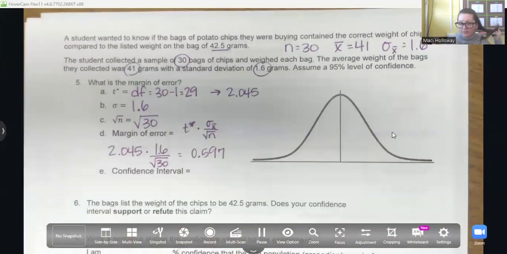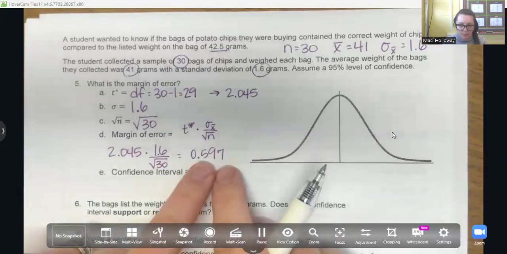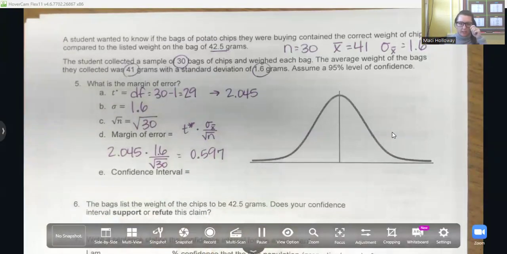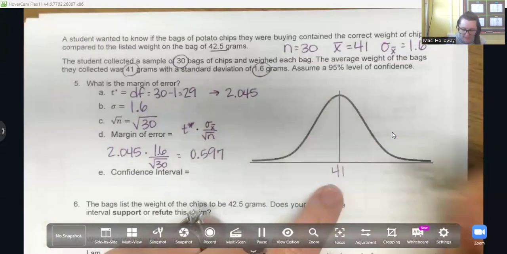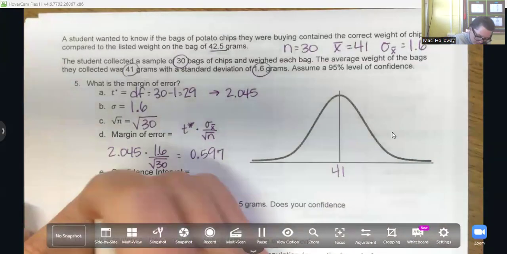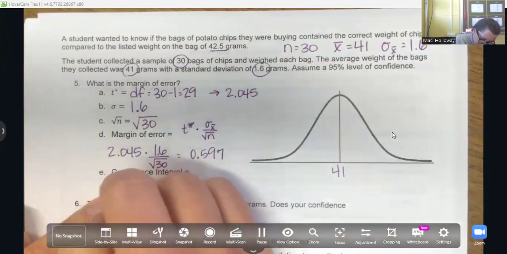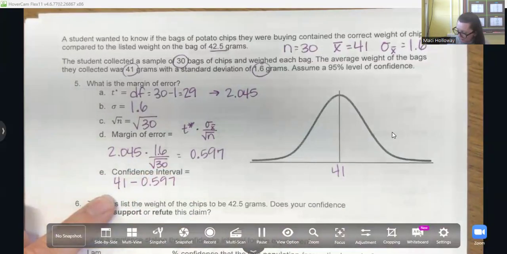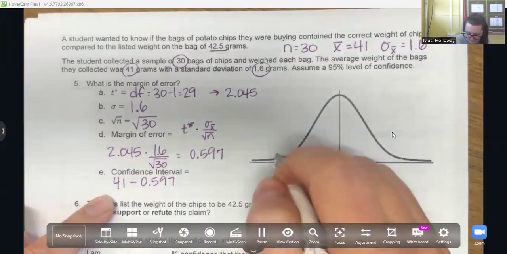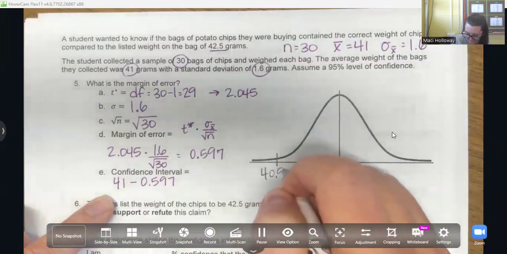All right, so our confidence interval is taking this margin of error and adding and subtracting it to our sample mean. So our sample mean was 41 grams, right? So we want to take 41 grams and subtract 0.597 to get our lower bound. So that would be 40.9403.